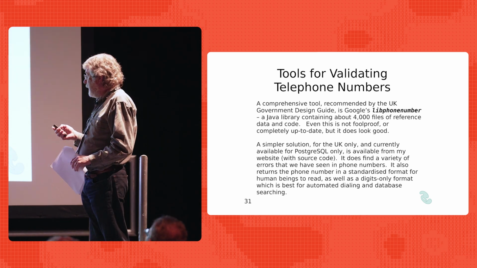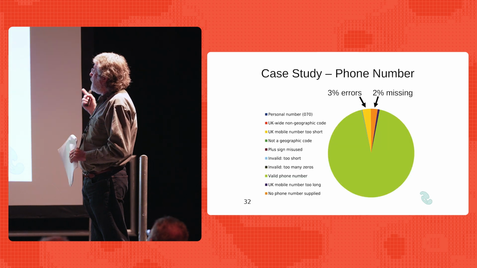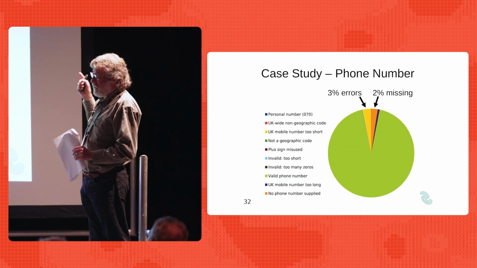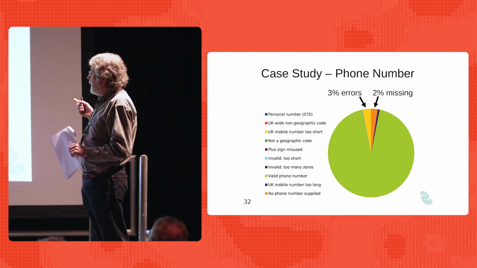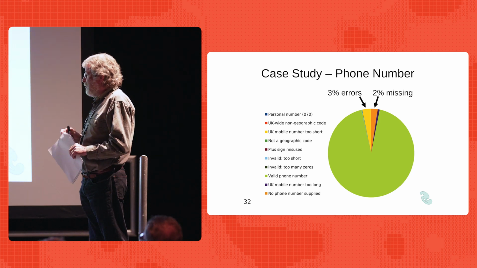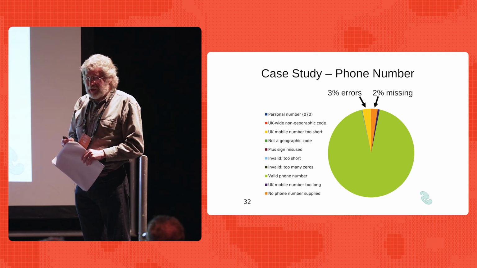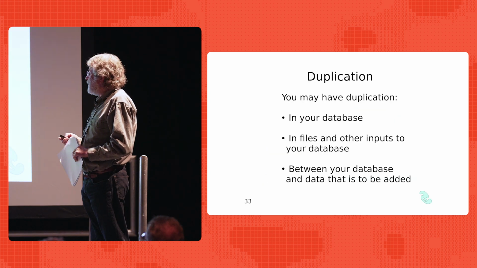So we put all that in, you just copy those numbers and validate it. What we found in that data was 2% missing, that's fine, they don't have to give us their phone number. 3% had errors, and all kinds of types of errors. So again, we hope that the email address is right and we can check these, because again, you can't safely guess.